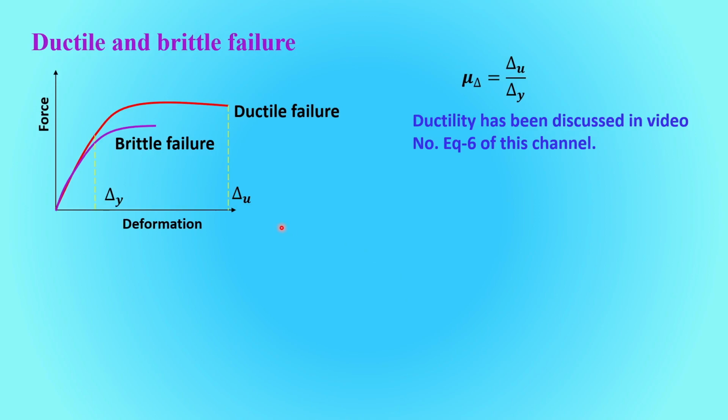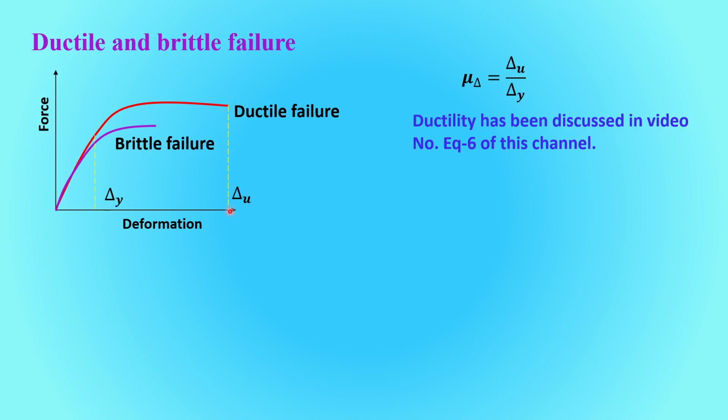Now let us see what is ductile failure and brittle failure. In the force deformation behavior, in the beginning the system behaves in a linear way, so you get a straight line response. Gradually you attain some non-linearity and the curve becomes a non-straight line, and at a certain point it snaps out or breaks.